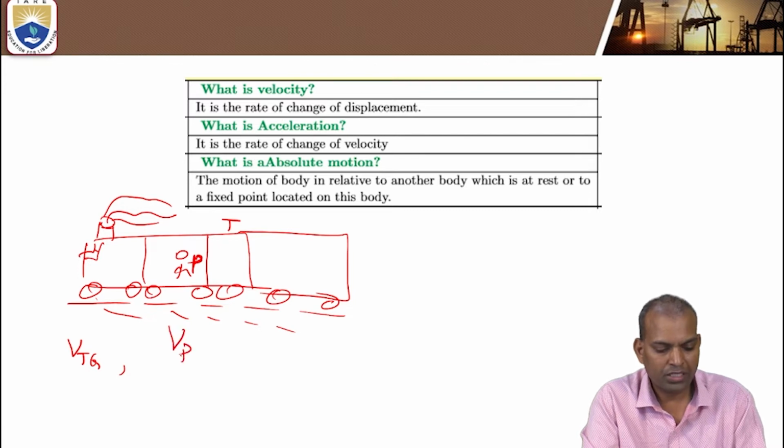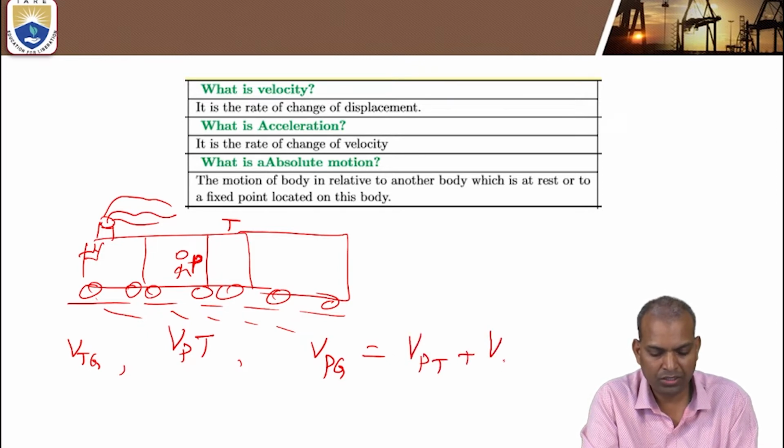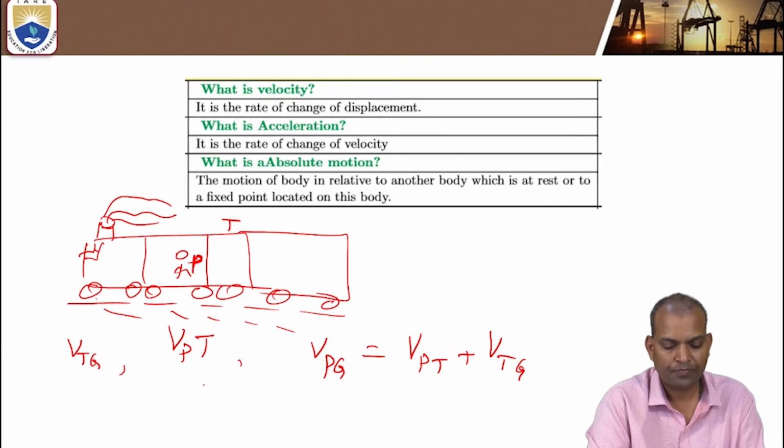The velocity of the passenger moving in the train is the relative velocity. If you want to know the velocity of the passenger with respect to the ground, VPG, it equals the velocity of the passenger inside the train plus the velocity of the train with respect to ground.